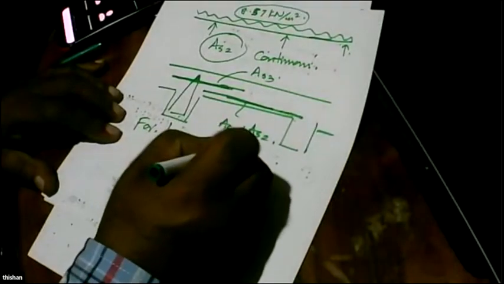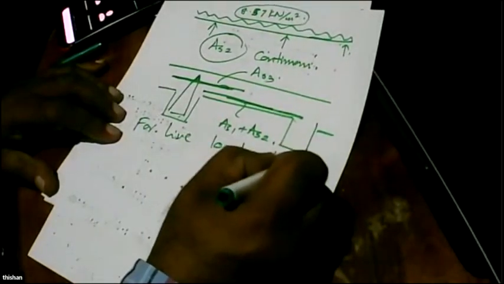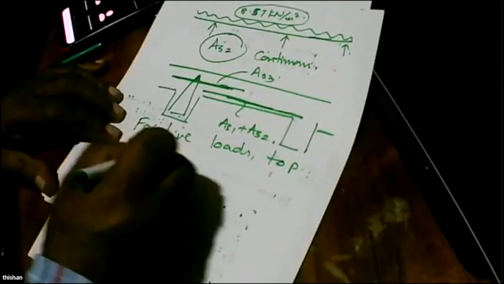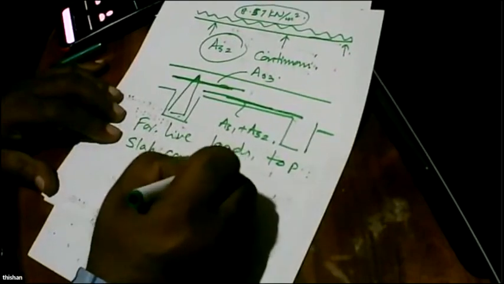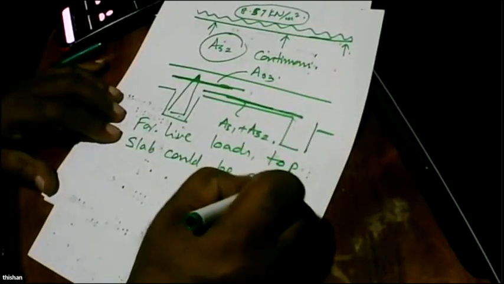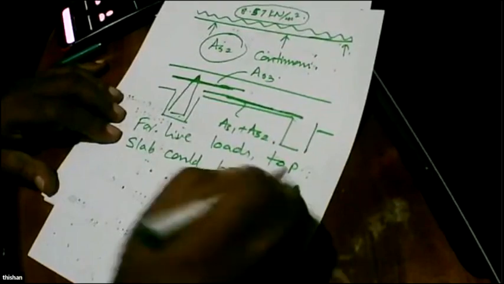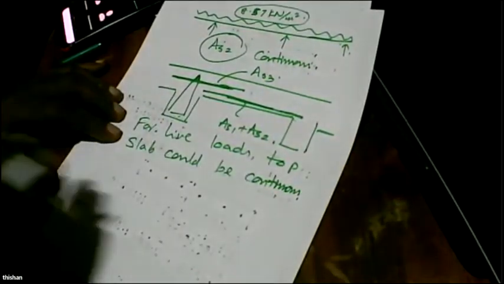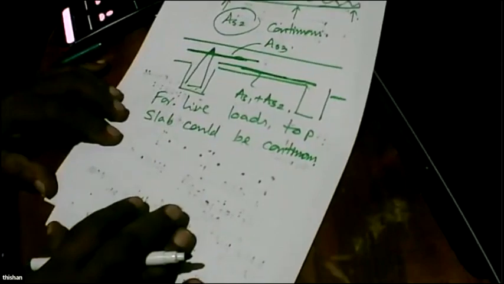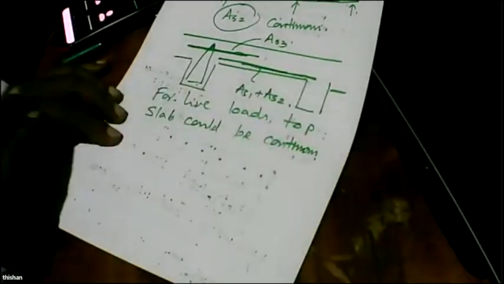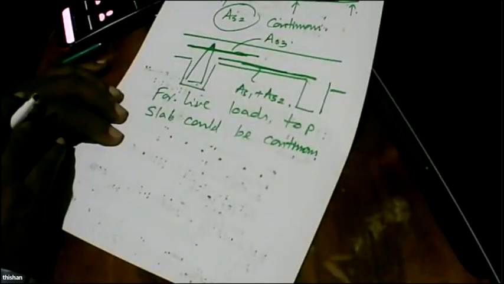For live loads, the top slab could be continuous. You cannot say that it is perfectly continuous because these RC beams are also going to deflect a little bit. So it's not a perfect continuous situation, but we assume a perfect continuous situation, and we provide the reinforcement.